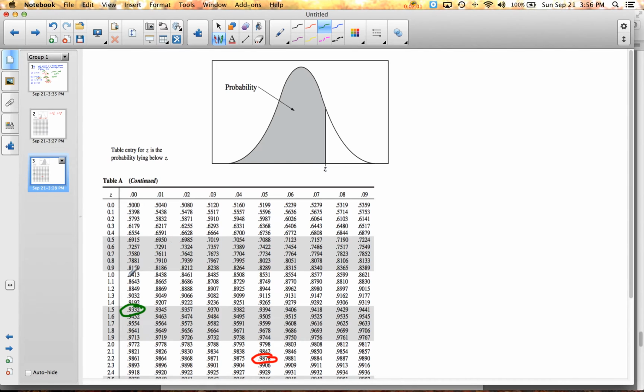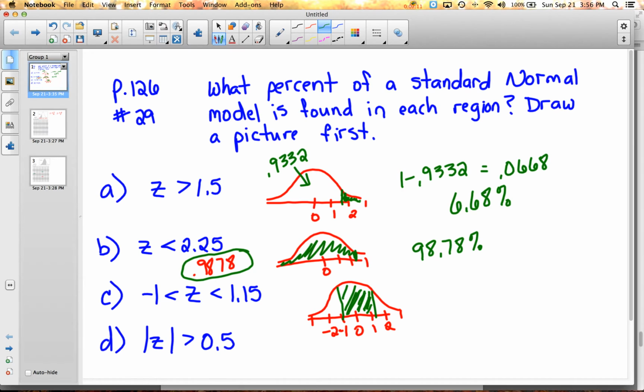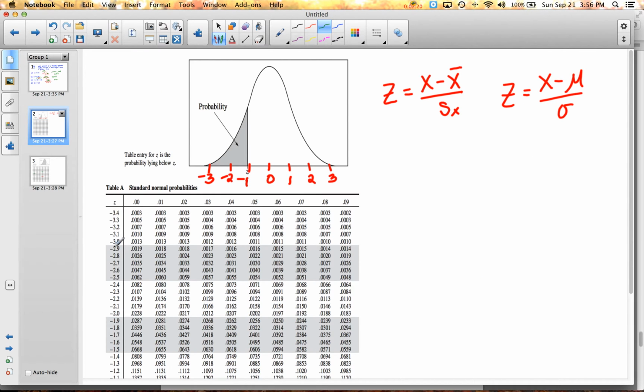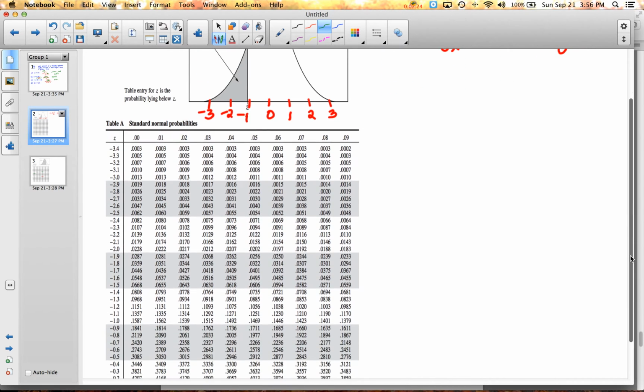I'm going to look up the 1.15. When I do that, I get 0.8749. And then I'm going to look up -1. This time I'm on the negative chart, so I need to scroll down here a little bit more.